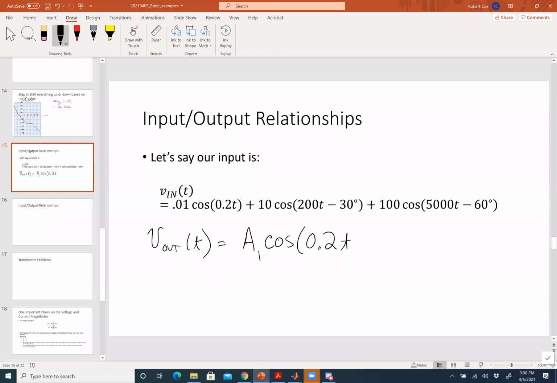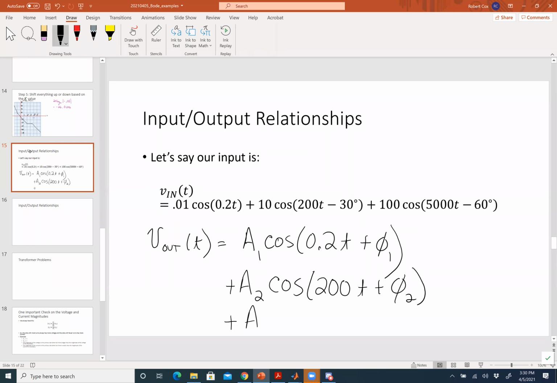There's going to be an output of that frequency, and some phase angle; I'm not going to worry about the phase angle. There's going to be another one at 200t, with some phase angle, and another one at 5000t. What we're asked to find here is the amplitudes of those.